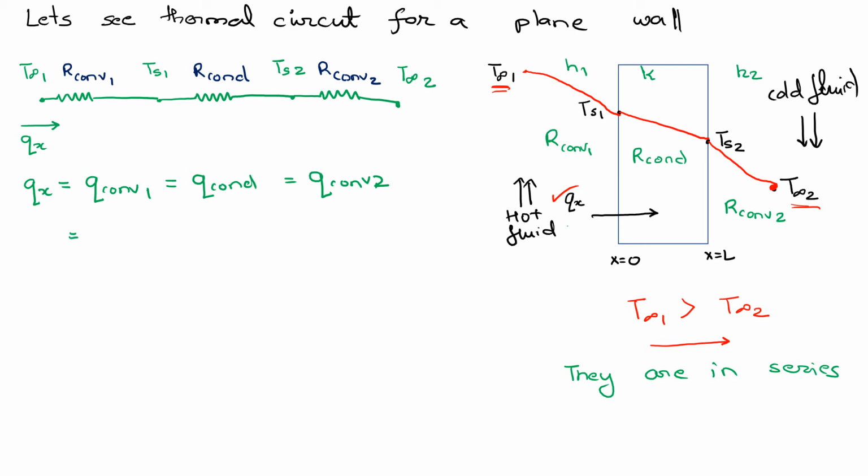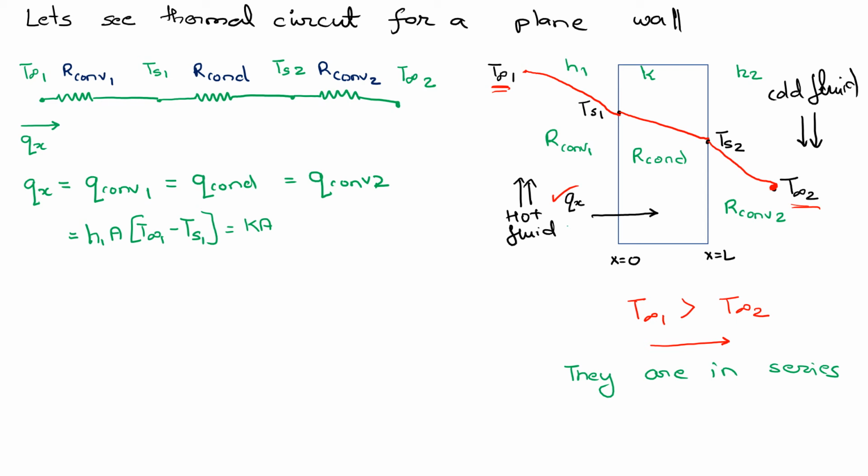Now let's write down the formulas. So let's say this is H1A into T infinity 1 minus Ts1, equals Fourier's law.